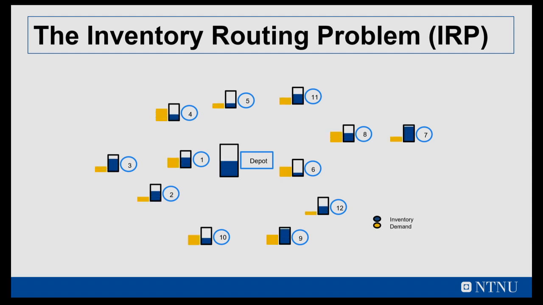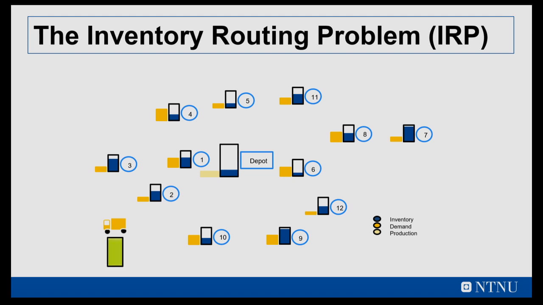The customers have a demand in every period. And at the depot, at every period, some homogeneous products become available. And then we have a homogeneous fleet of vehicles to service all these customers. So we basically have to deliver enough products so that the inventories never exceed their limits.